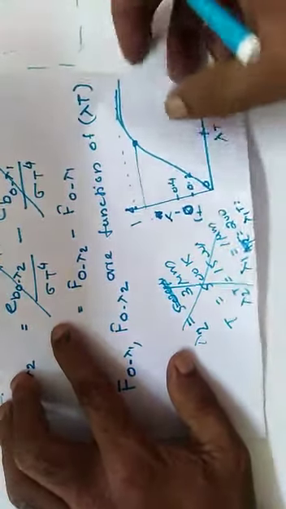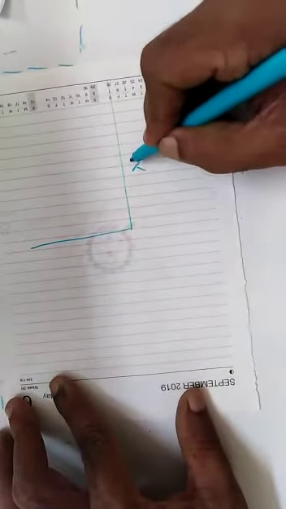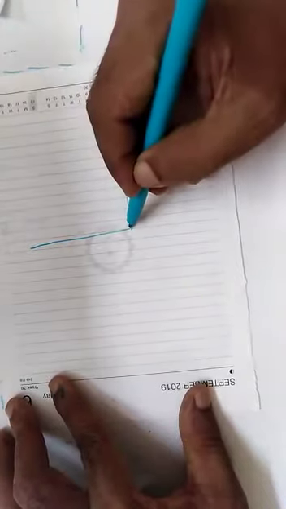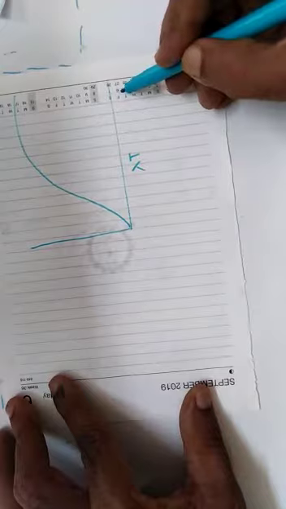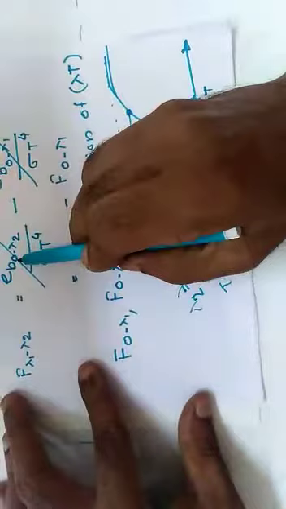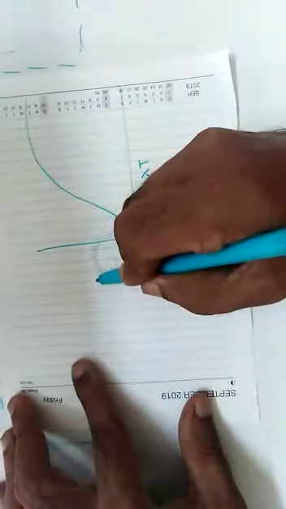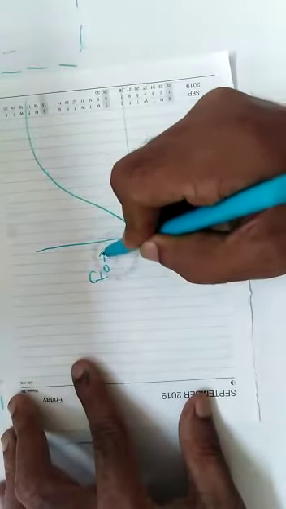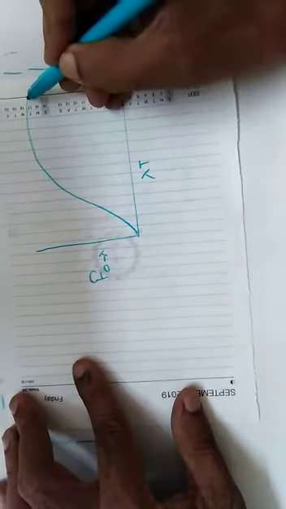So if we form a chart like this for different values of lambda T, the x-axis is lambda T. For each value of lambda T, there is a unique value for this fraction. So when you plot the fractional values from 0 to lambda on the y-axis, you will get a plot like this.